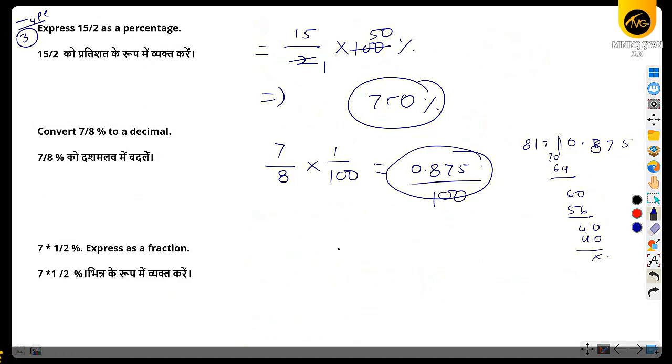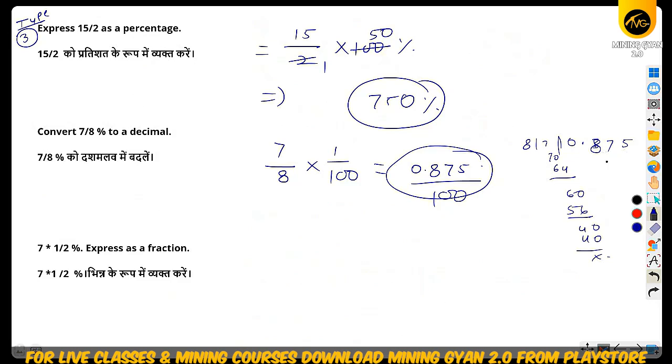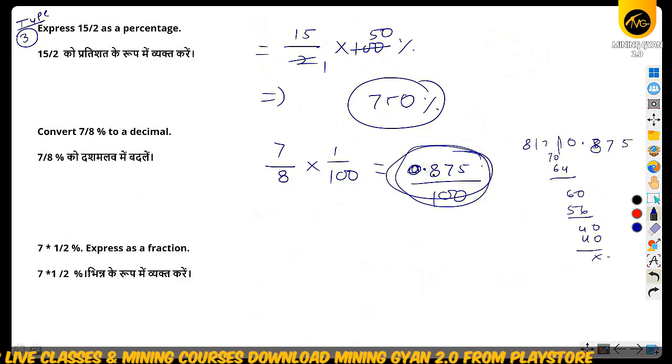So this is the decimal form. Basically you have to convert the number into decimal form. So 0.875 is the decimal form.